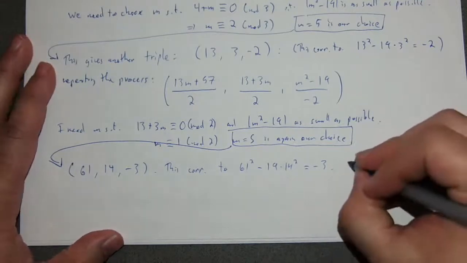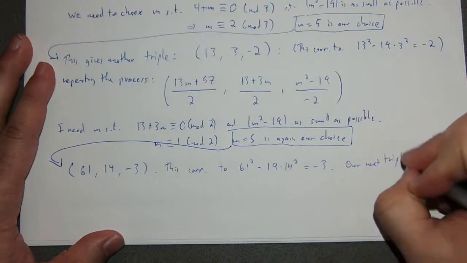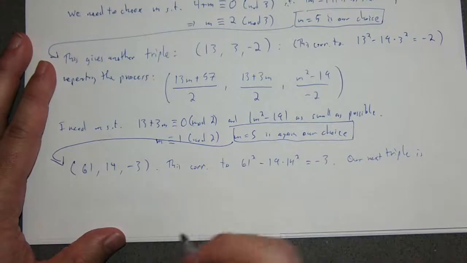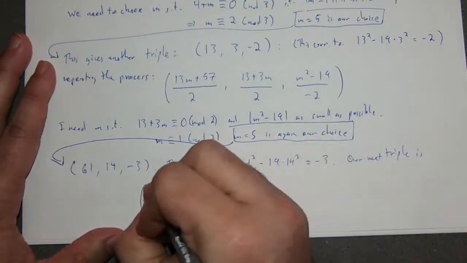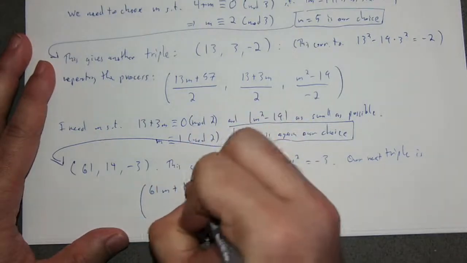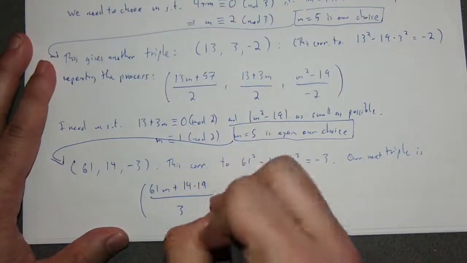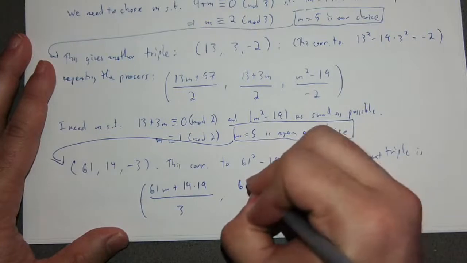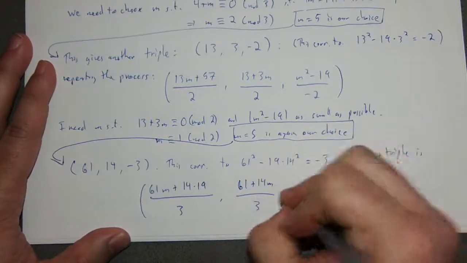So let's multiply to get our next triple. So our next triple is multiplying this by m, m squared minus 19. My next triple is 61m plus 14 times 19 over 3. Next, this is 61 plus 14m over 3.